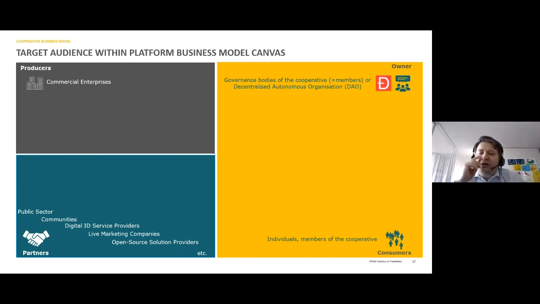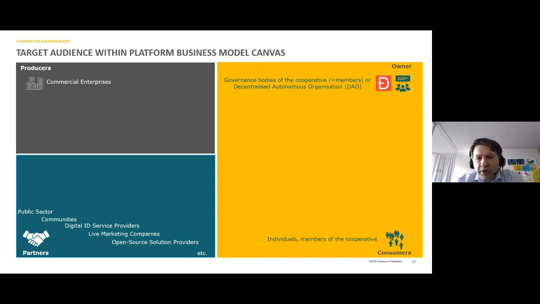And on the right side, you have customers, individuals or members of the cooperative, that are organized in the form of this cooperative. And then the owners would be the governance bodies that are defined by the consumers, how to run the cooperative and how the organization of that cooperative would look like.